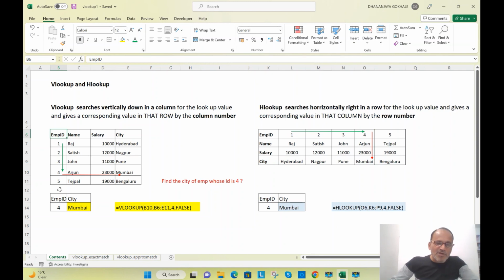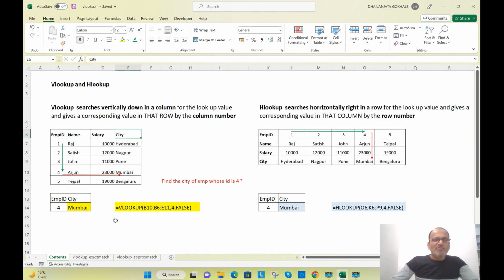And at that particular value, what do you want to find? You want to find his salary. That means you have to move one column to the right and another column to the right. That means you have to move to column number 3. Suppose this table has got 4 columns, as you can see. This is column number 1, employee ID, column number 2, name, and column number 3 and column number 4.